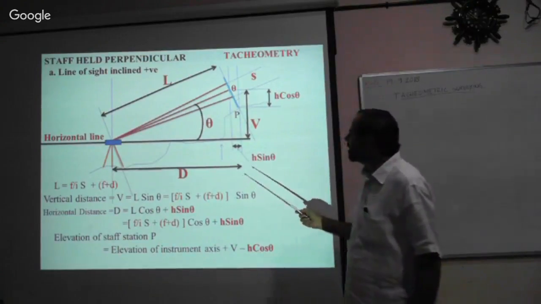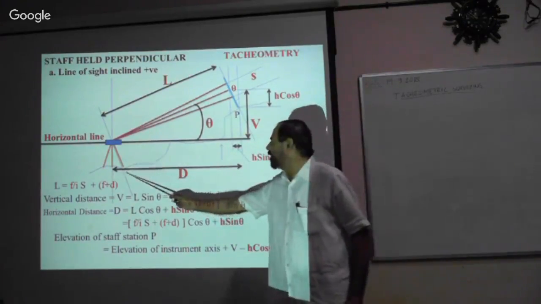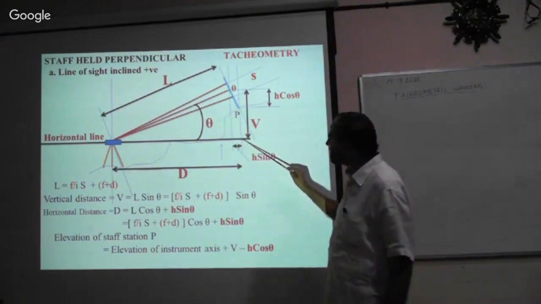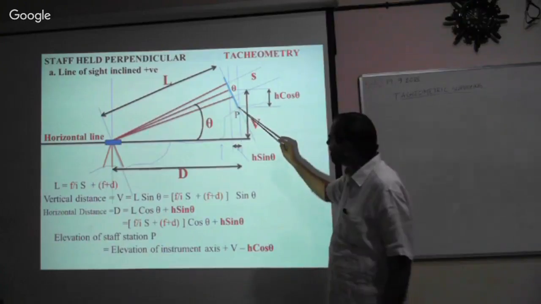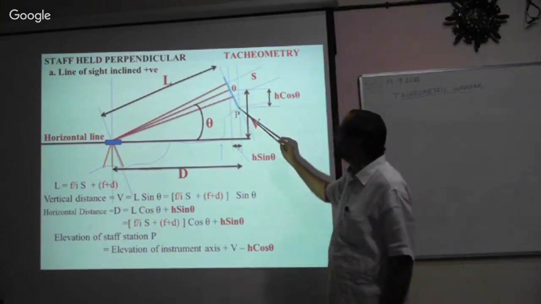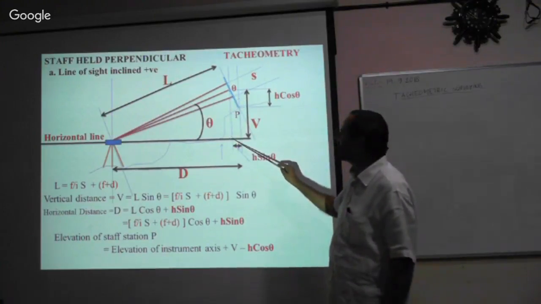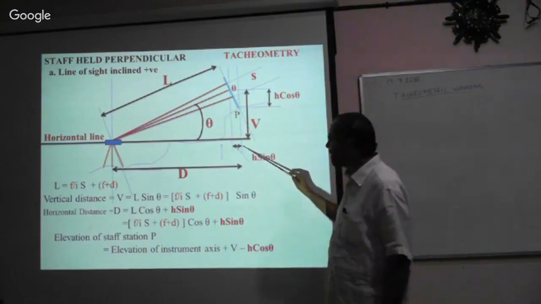And similarly, to find out D. Now while considering this triangle, this distance becomes short. This is the location where we need to calculate this horizontal distance. But our triangle gives only up to here, isn't it? Therefore, this should be added, isn't it?